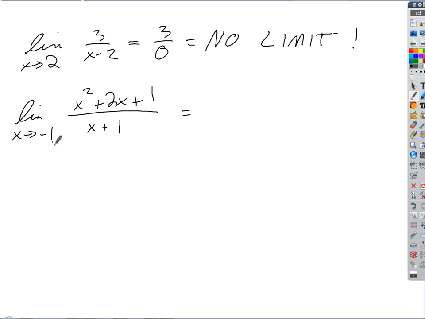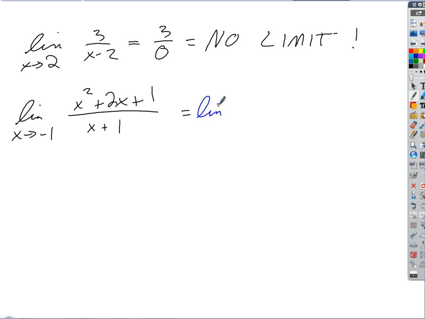You get 0 over 0. What's that mean? It's indeterminate, more work, right? We've got to do something. Okay. So what are we going to do?